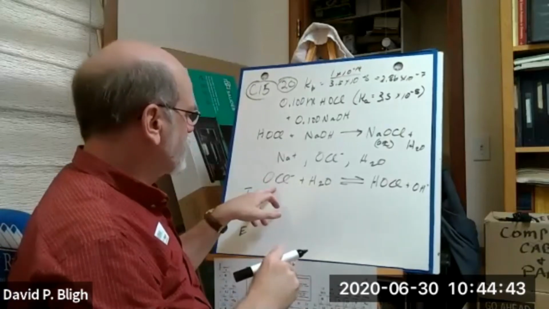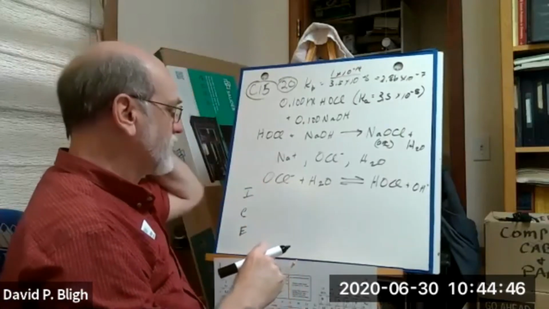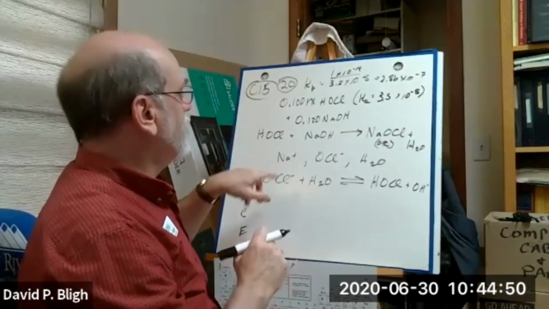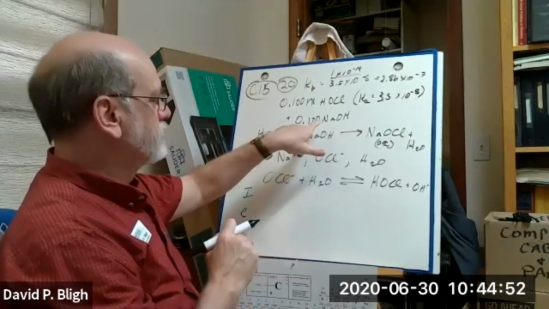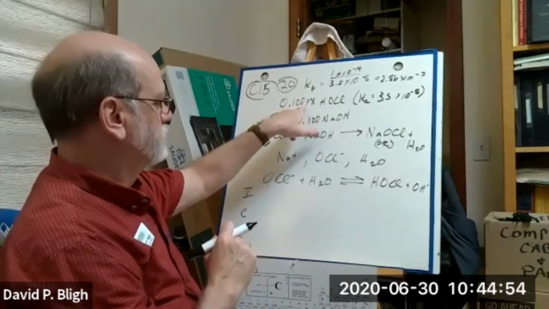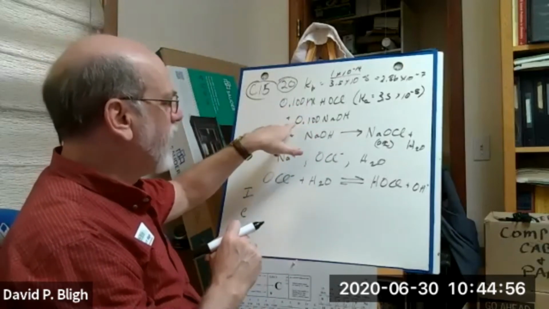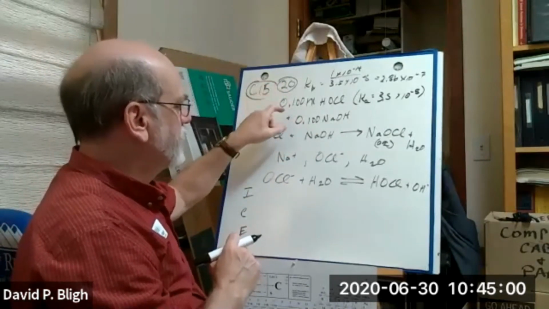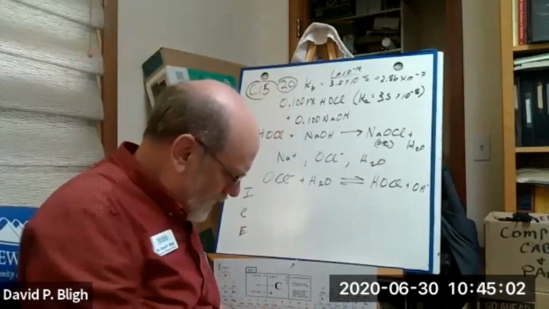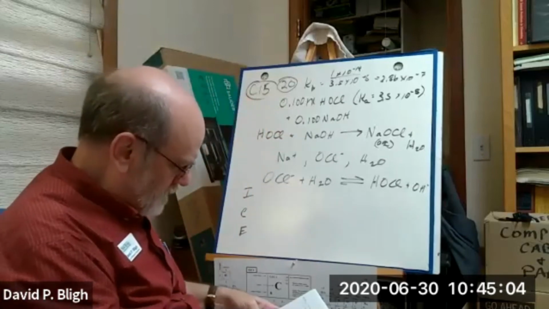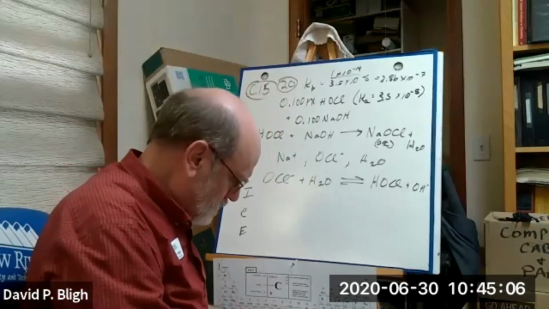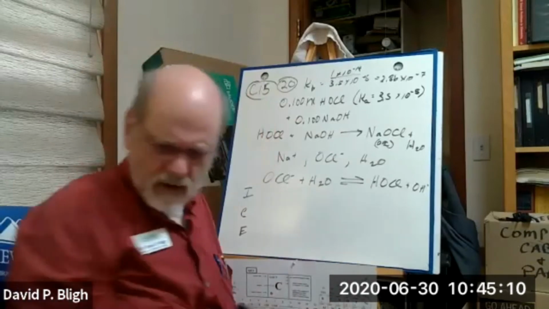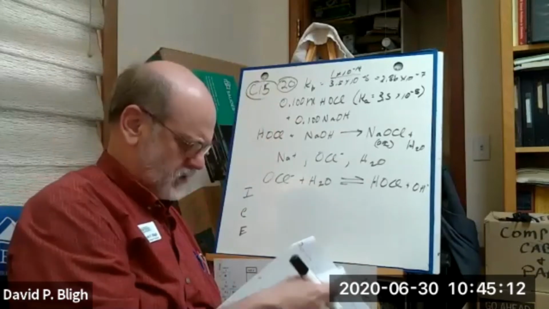So now, what's our initial concentration of this? Well, how many moles? If we have equal volumes here, once you've neutralized all of them, then all of the volume there is converted.